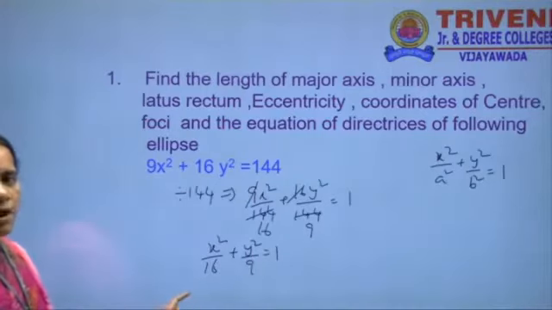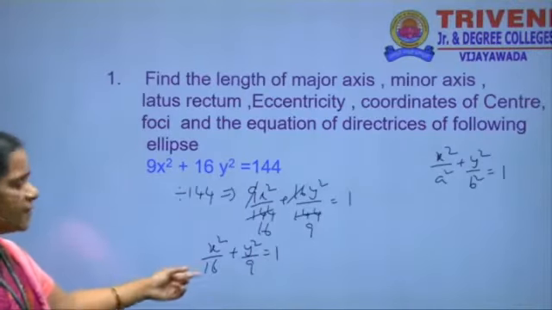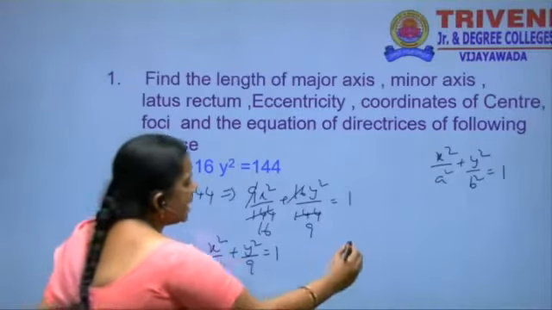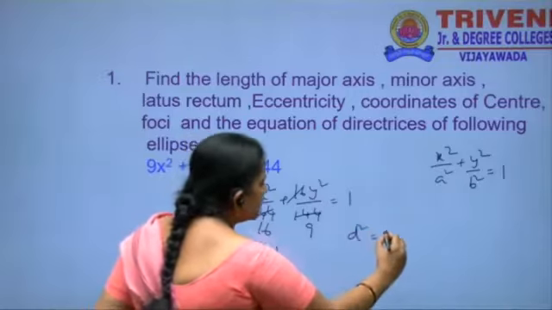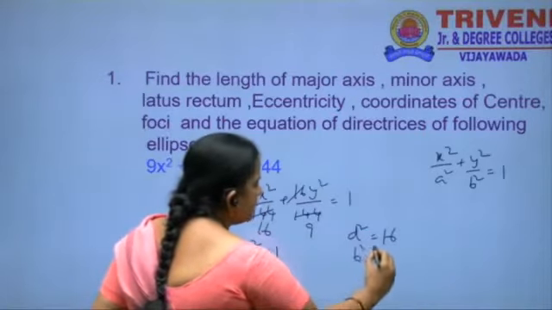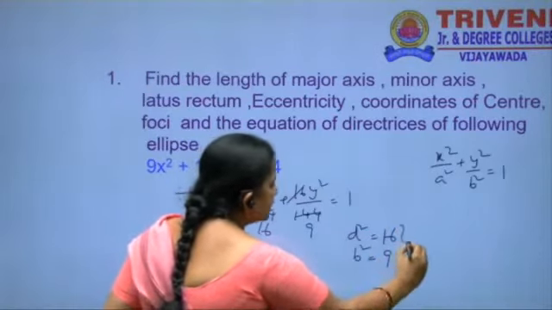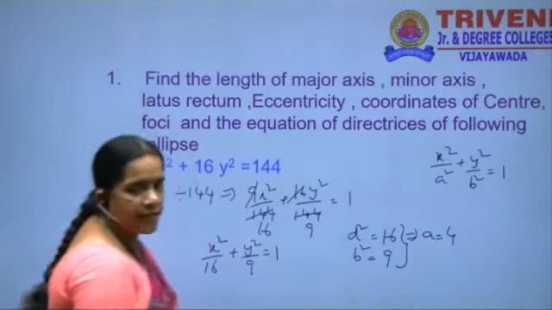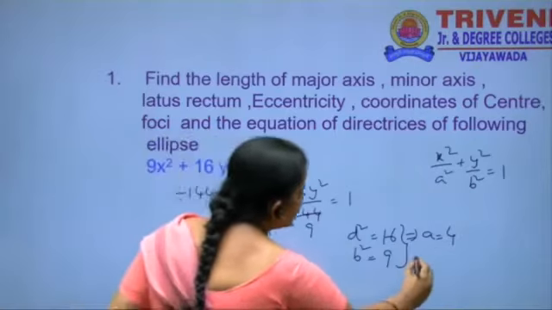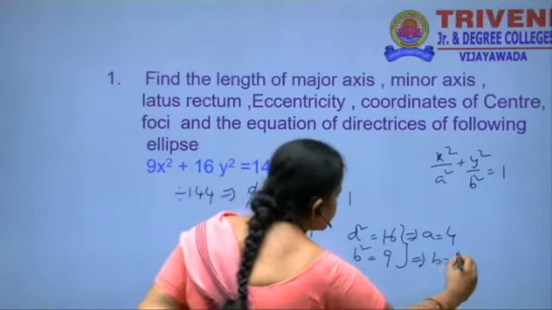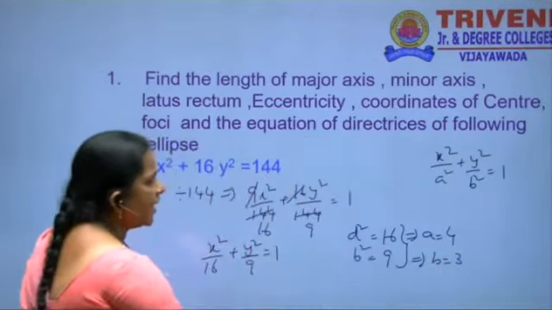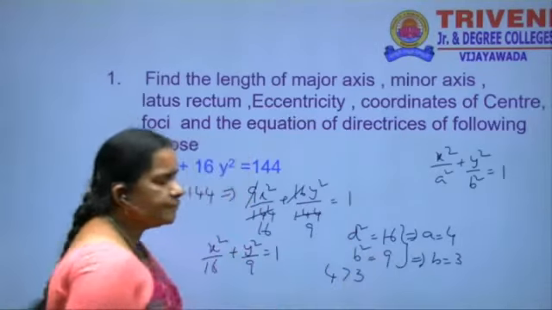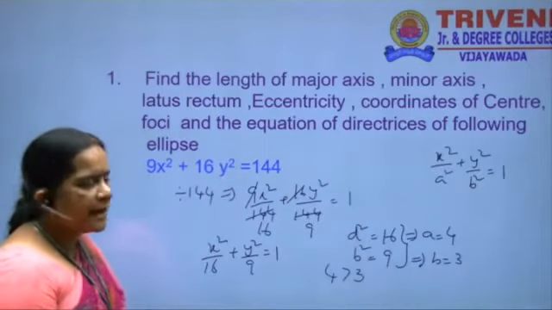This is in the form of the ellipse, that is x square by a square plus y square by b square is equal to 1. But here the value of a square is equal to 16 and b square is equal to 9. In this way we write the value of a is 4 and b is 3. What we have to identify here? a is greater than b.